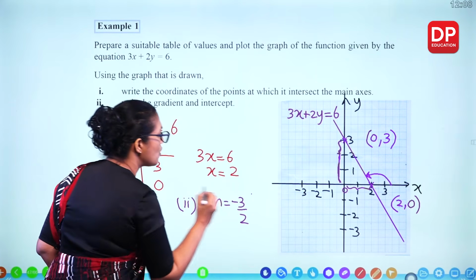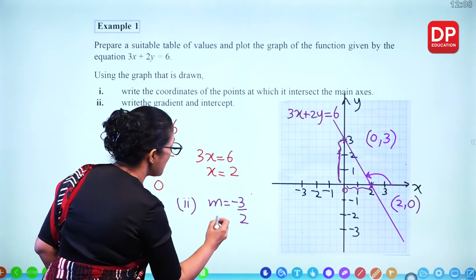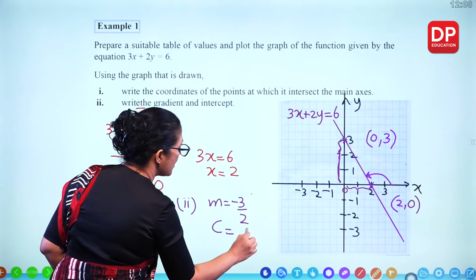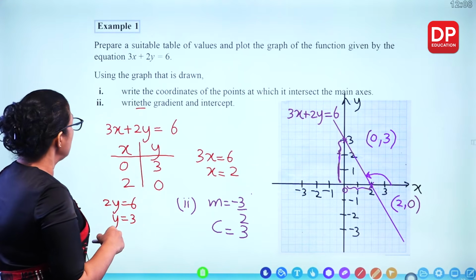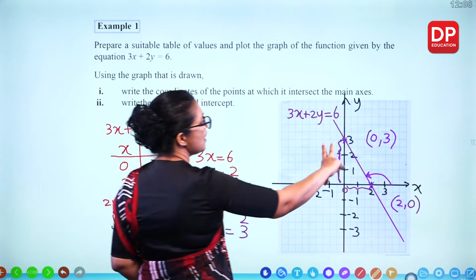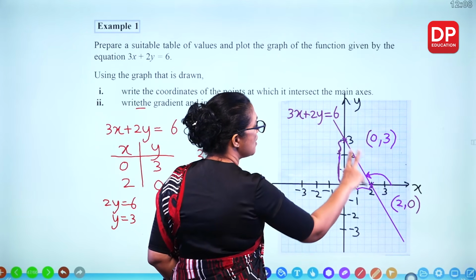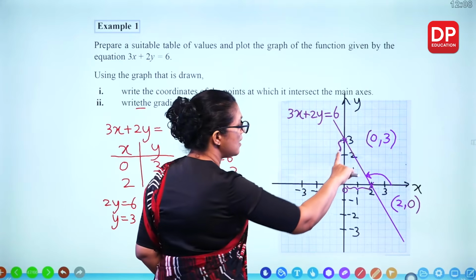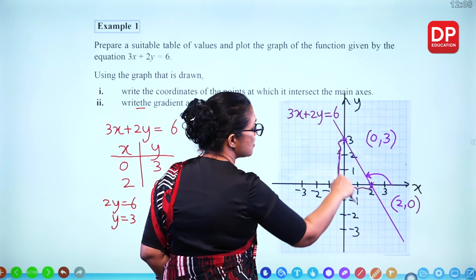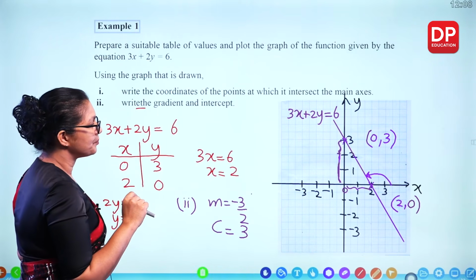So minus 3 over 2. And intercept C is the 3. So using the graph, that's how you can find out the gradient and the y-intercept. You take any 2 points, readable points, and make a triangle, and you can write the height of y over height of x.